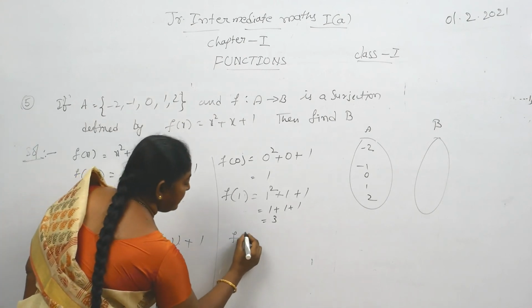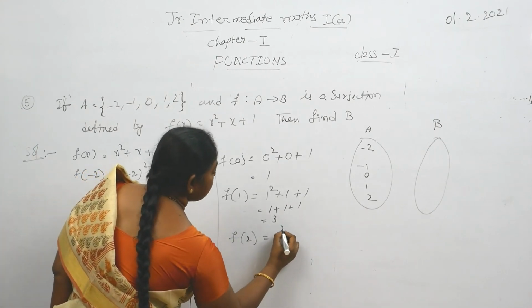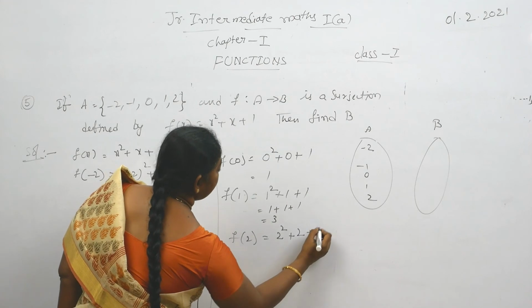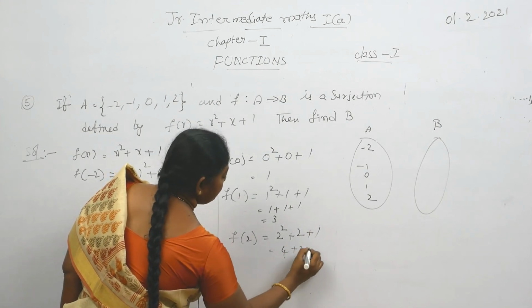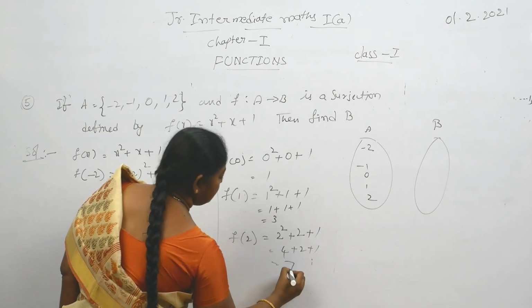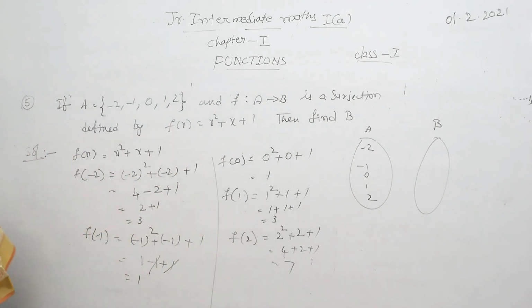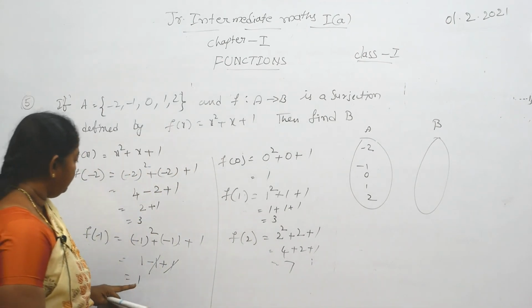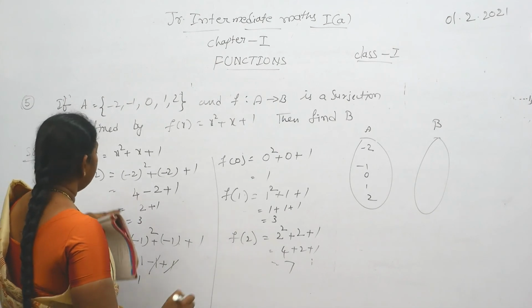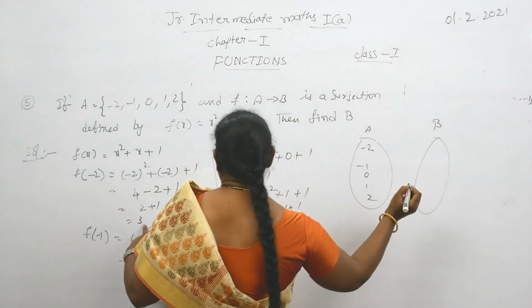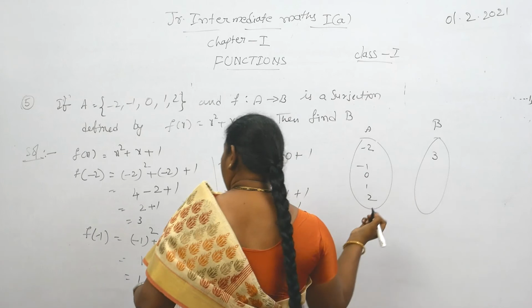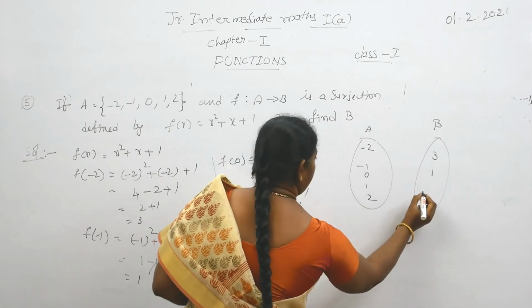Next, f of 2. So 2 square plus 2 plus 1. So 4 plus 2 plus 1, 6 plus 1, 7. So here the range is 3, 1 and 7.